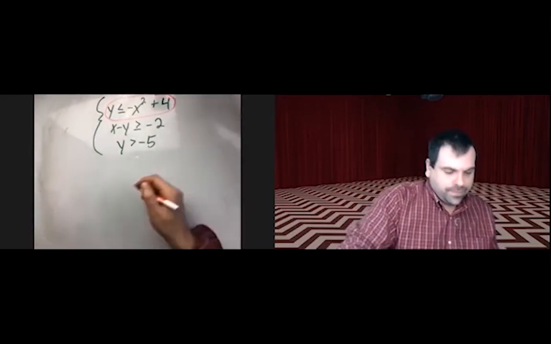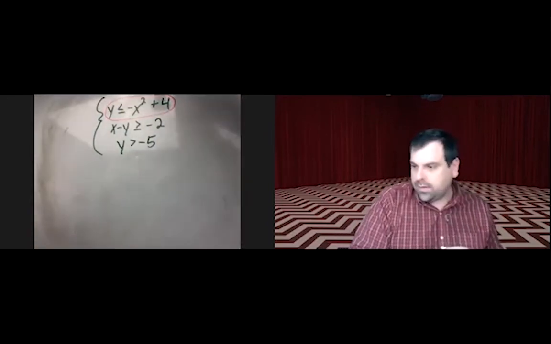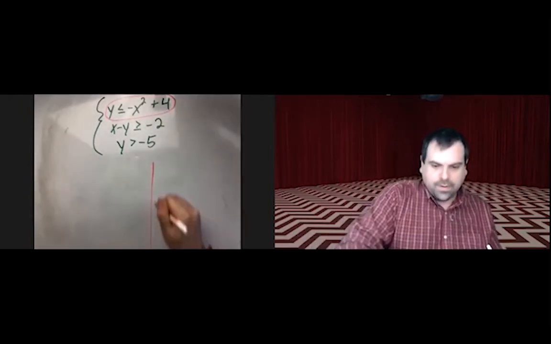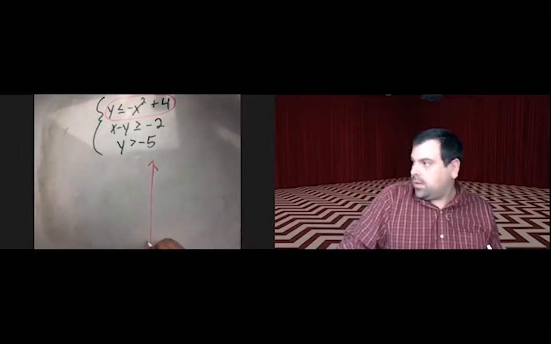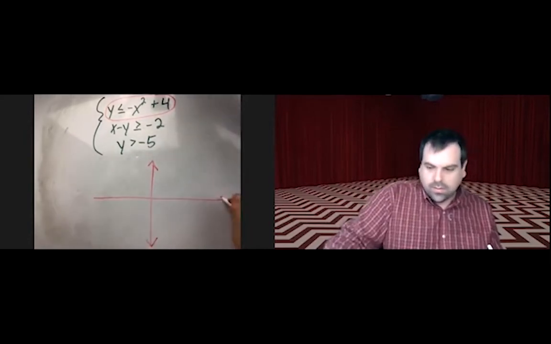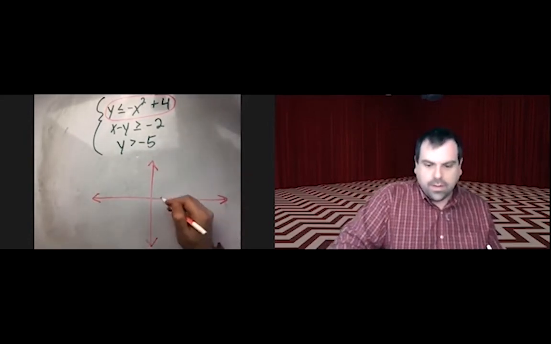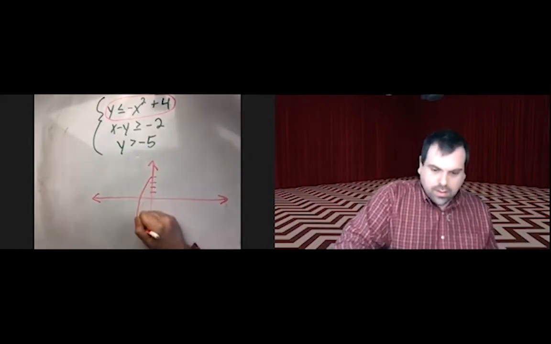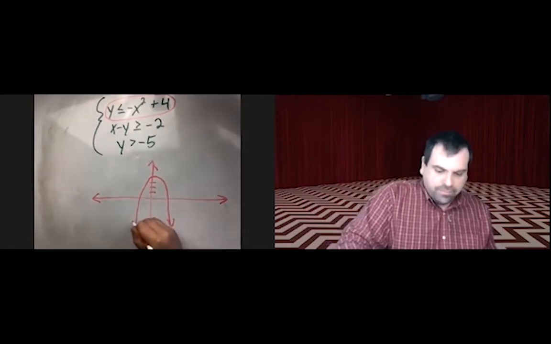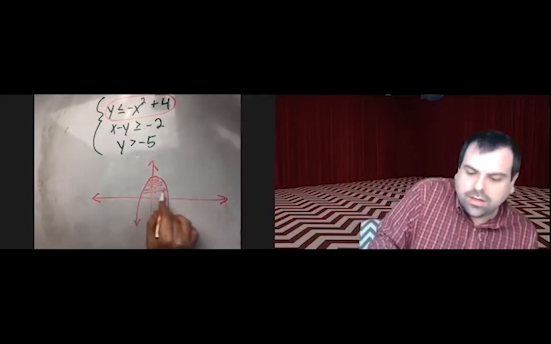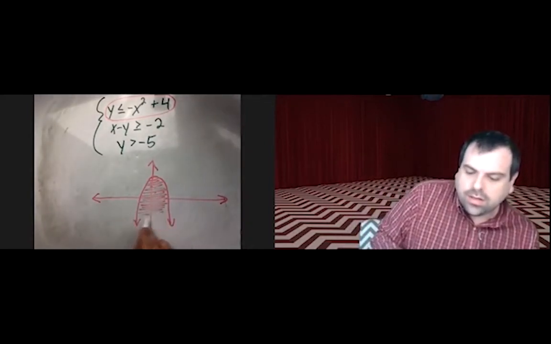This one is an upside down parabola moved up 4. The shading is on the inside.